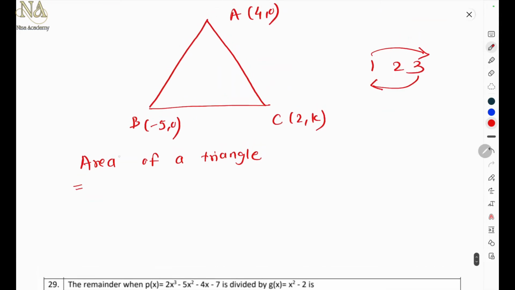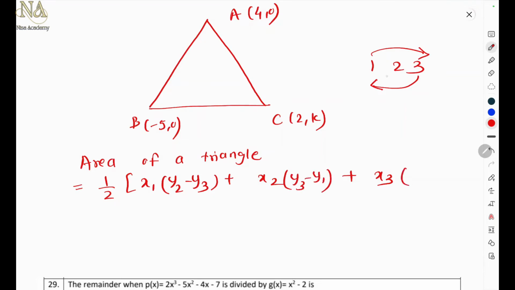So half into, first x1, then x2 and then x3. So after 1, what comes? 2, 3. So it will be y2 minus y3. Then after 2, 3, 1, so y3 minus y1. And after 3, again it will come to 1, 2. So y1 minus y2.